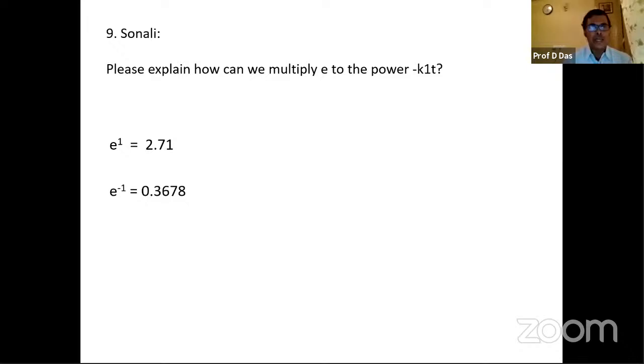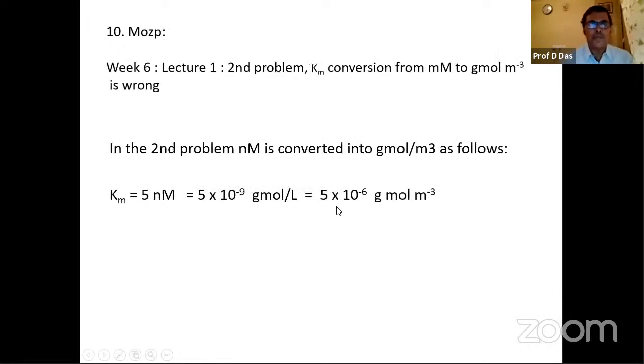Negative also, I have given examples here. E to the power 1 is equal to 2.71, and e to the power minus 1 is 0.3678. So I can write e to the power minus 1 as 1 by e to the power 1. Am I right? So 1 by 2.71 is equal to 0.3678. I hope this is very simple. You can do it very easily.